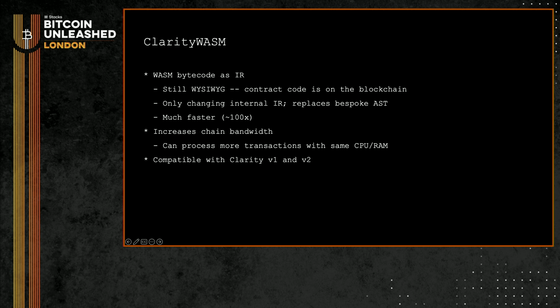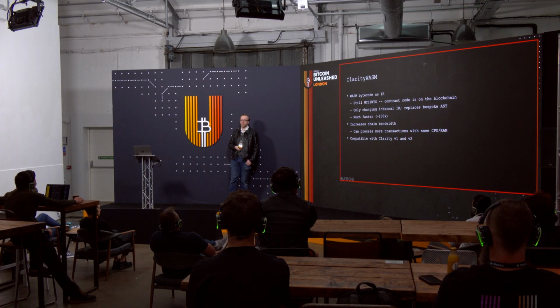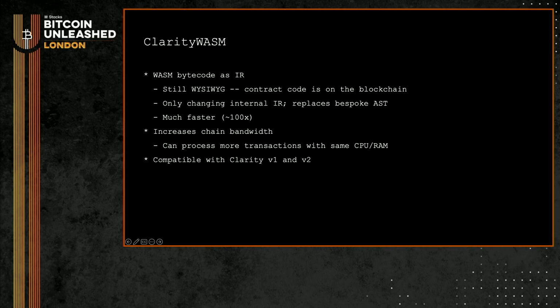When the system launches, we intend to keep the old intermediate representation around just because we want to make sure that everything is compatible up until the beginning of the Nakamoto system. But after that, we can retrofit it with the WASM interpreter and drop the old intermediate representation entirely. That would mean that boot up would go a lot faster. You wouldn't be using the old system to process the transactions during the epochs leading up to the Nakamoto epoch.